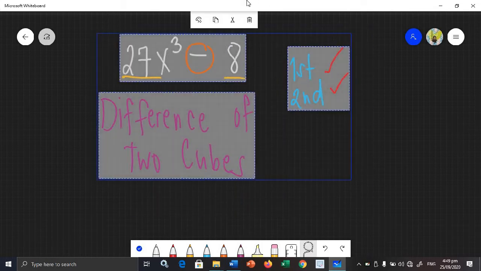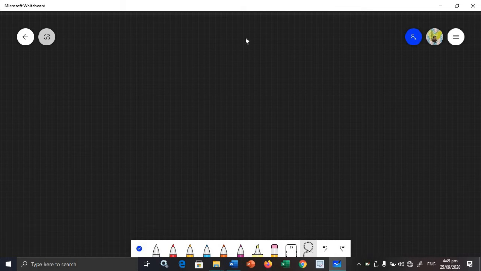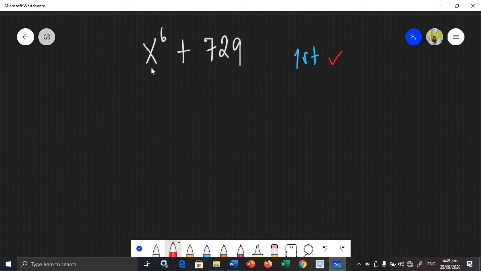How about another example? Let's say we have naman this: x to the 6th power plus 729. Okay? So let's investigate. The first condition says that the given must be a binomial. This given is a binomial because it has two terms, as you can see.